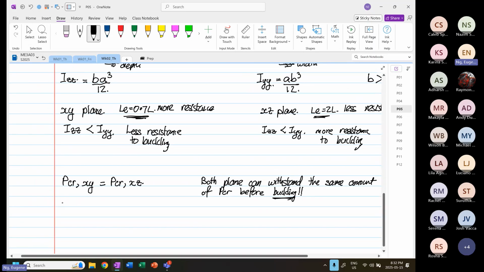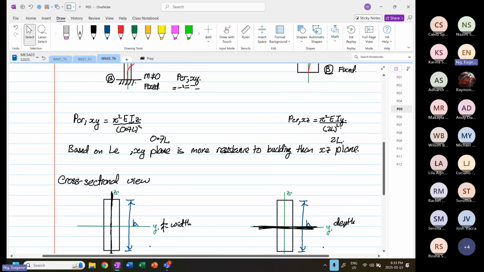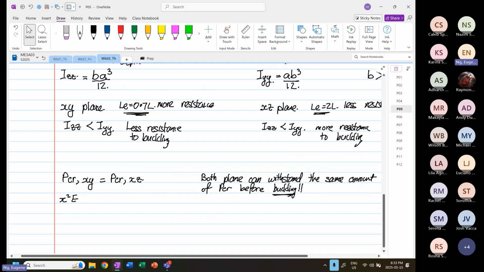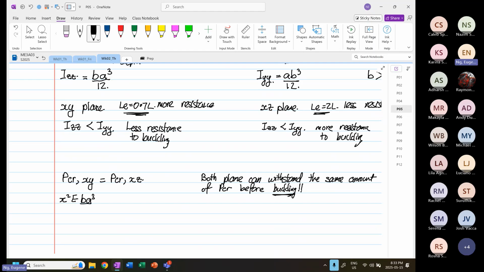So pi squared E, and for this case we are going to use IZZ. IZ is equal to BA cubed divided by 12, and the equivalent length is equal to 0.7L, squared.